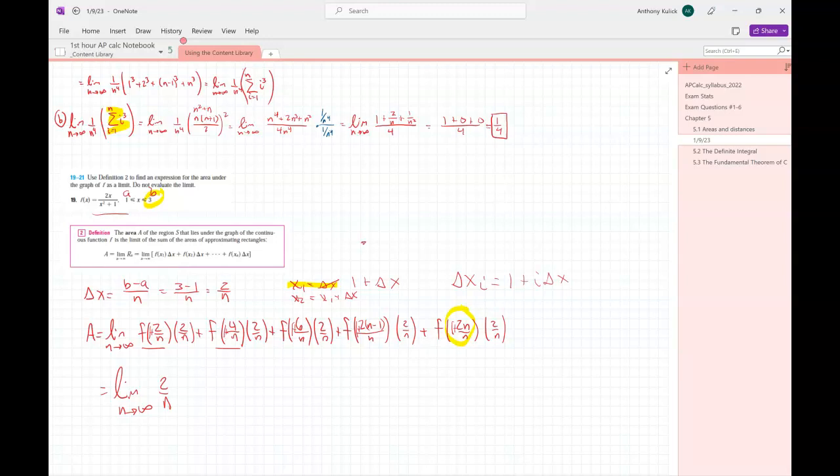So if you think about it, this is like the x-axis: x1, x2, x3, x4. Well, let's make that x0, 1, 2, 3, 4. Like x4 is going to be a plus 1, 2, 3, 4 delta x's.